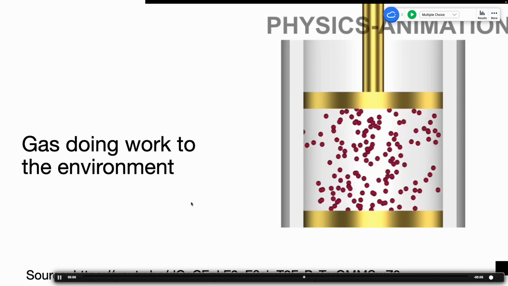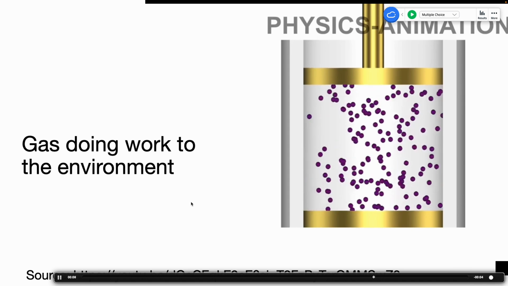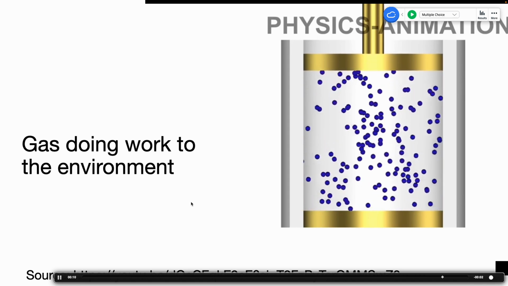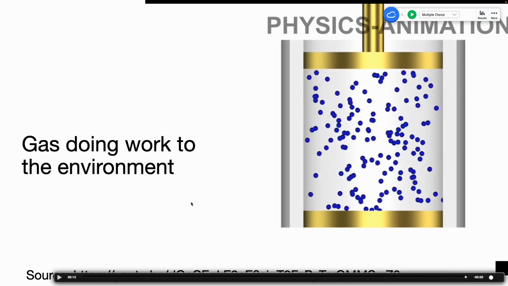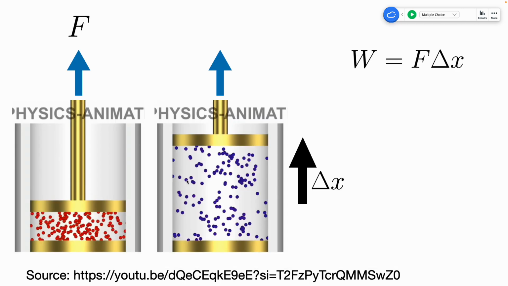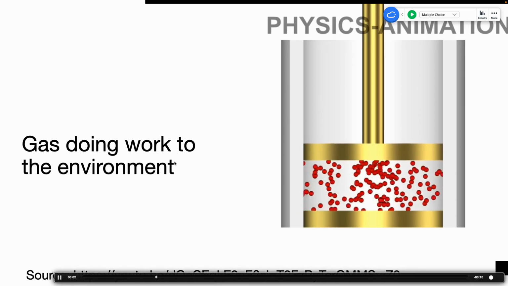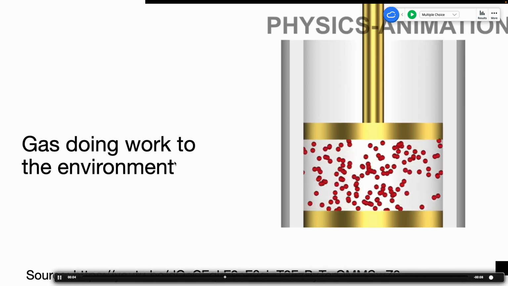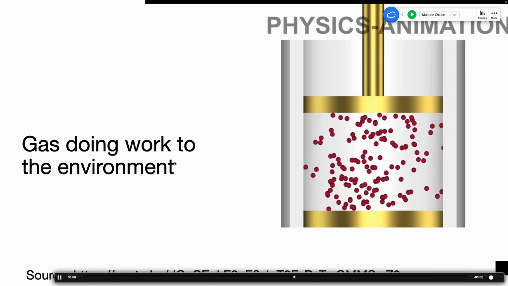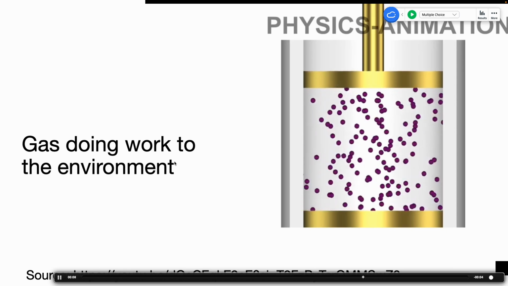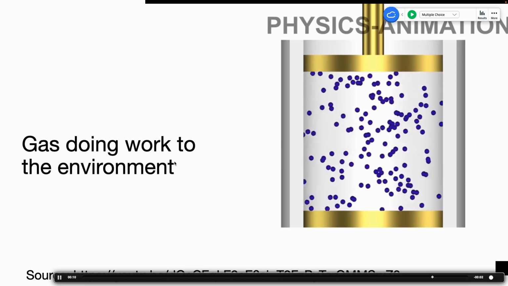The gas are moving around, pushing the piston, and doing work to the piston. As the gas expands, the pressure decreases, temperature decreases, the energy decreases, so the speed of the gas decreases. Initially, it's moving real fast because the energy and temperature is the same thing. But then energy decreases, temperature decreases as you do work and lose energy.